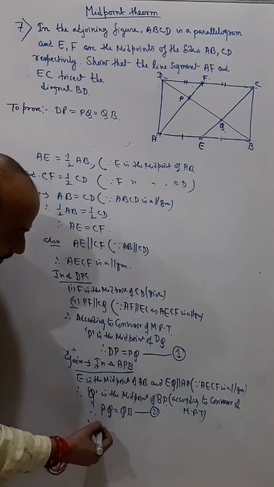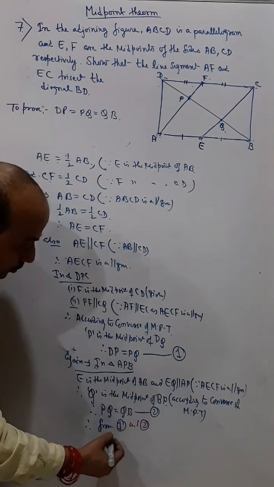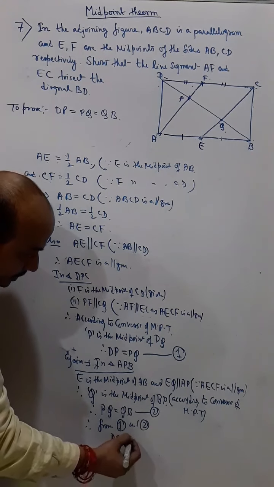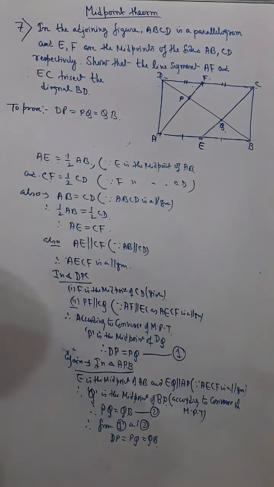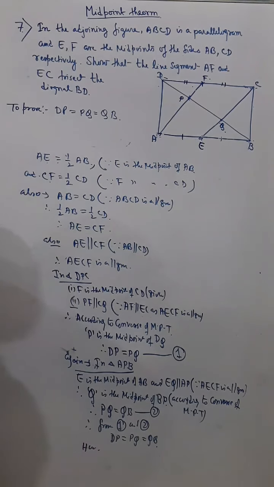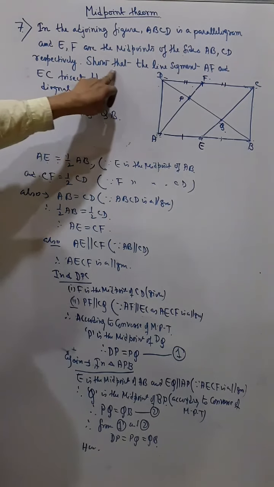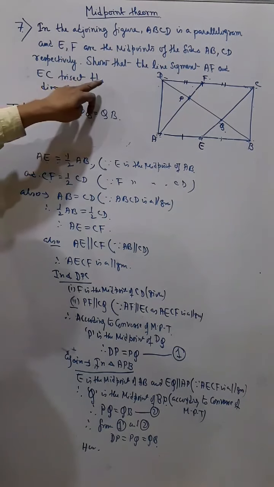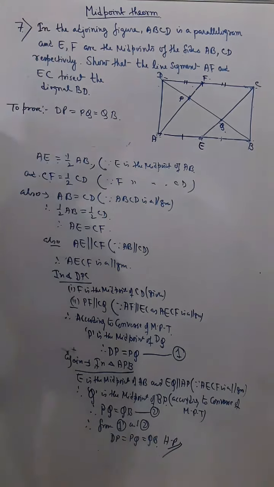Now from 1 and 2 we can say DP is equal to PQ is equal to QB. Hence proved, because we have to prove that the line segments AF and EC trisect the diagonal BD. Okay, understand?